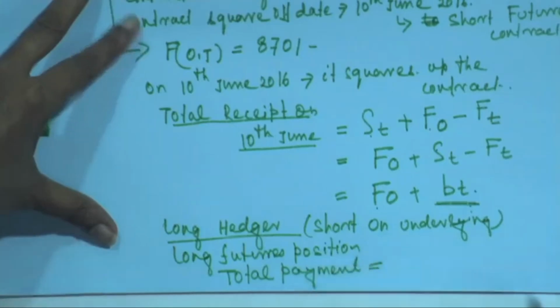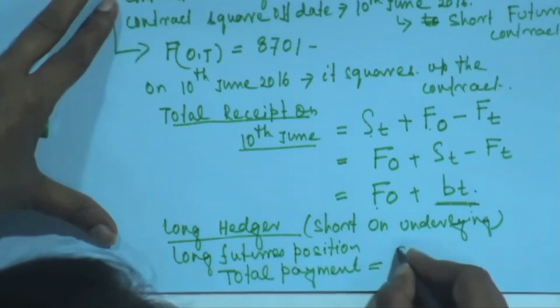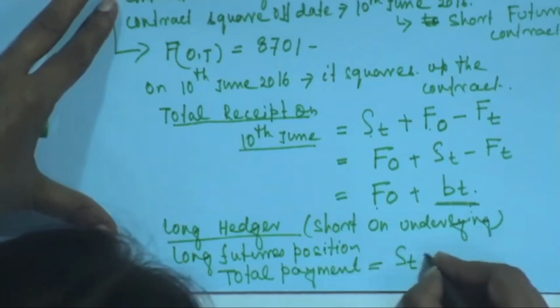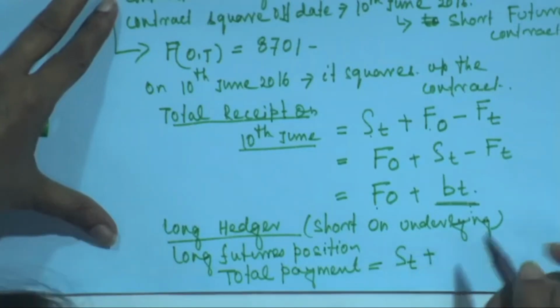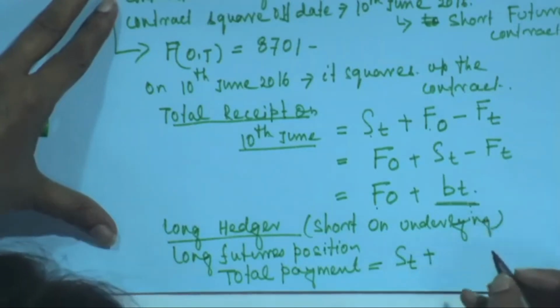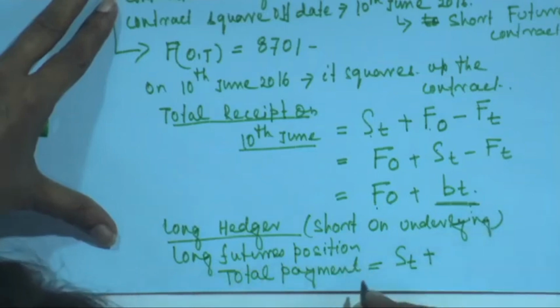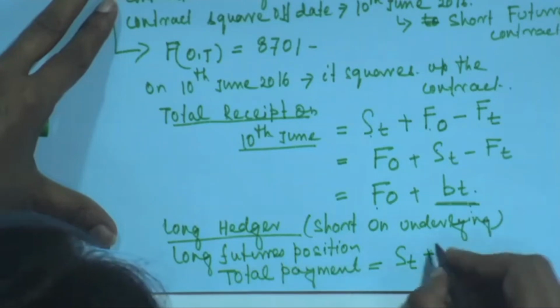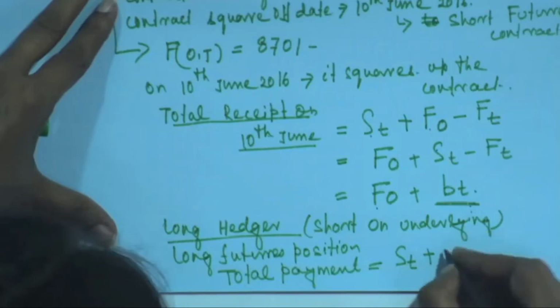He will be buying the underlying in the spot market by paying ST. He also had taken a long futures position, so he had agreed to pay F0.